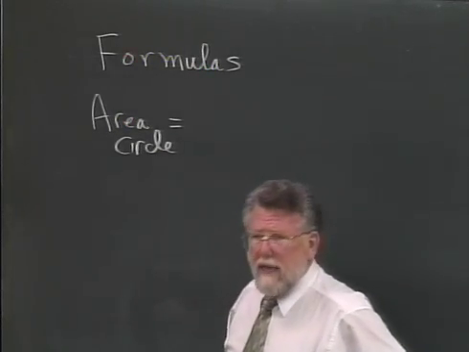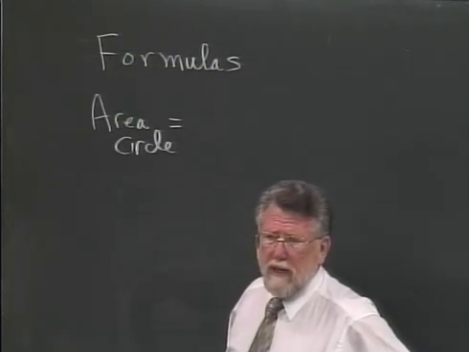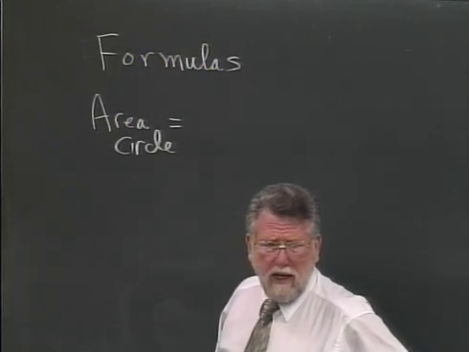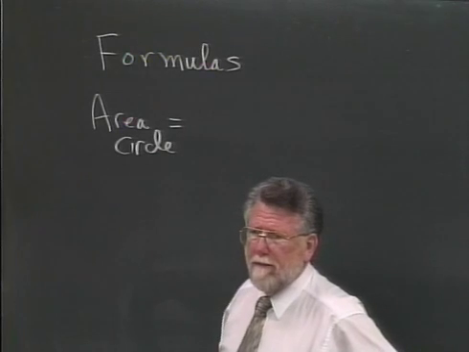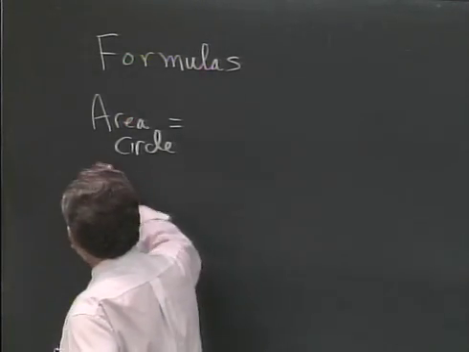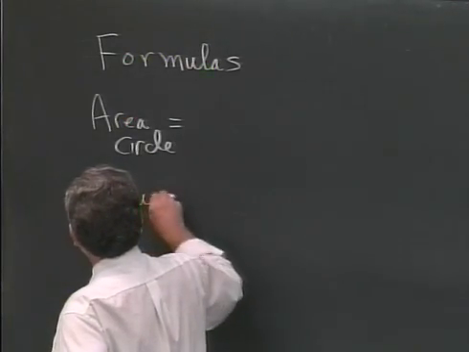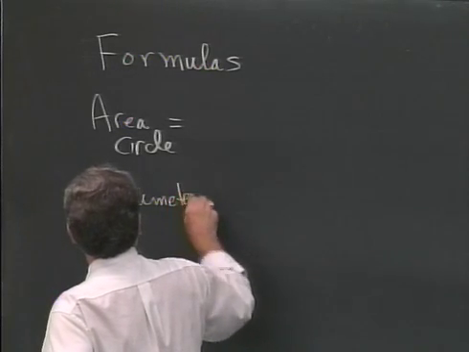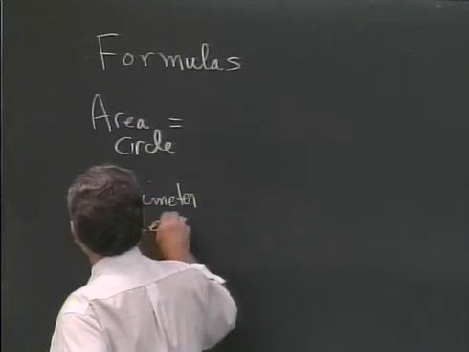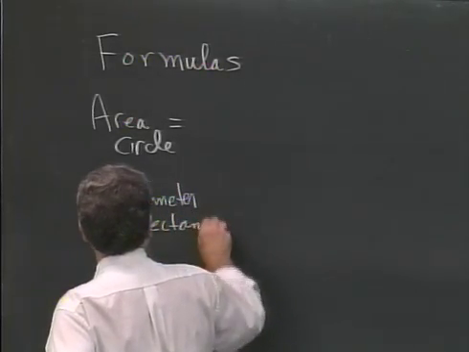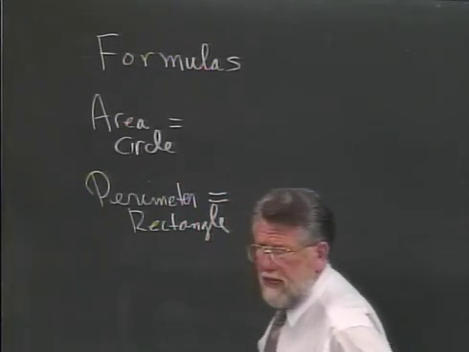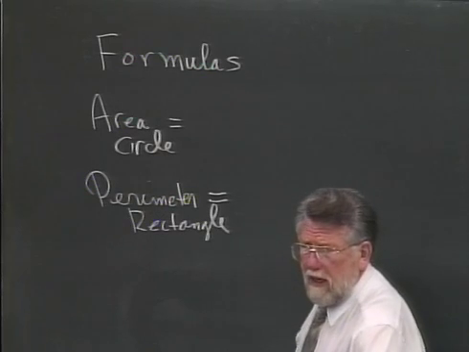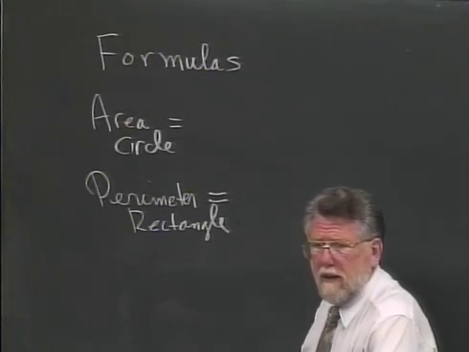Make sure you put A equals, not just the right side. The second one, the perimeter for a rectangle. Remember to put the letter P on the left side of your formula. That's our second one.